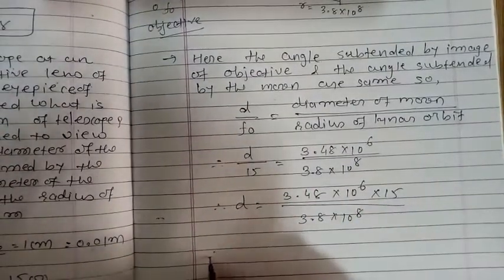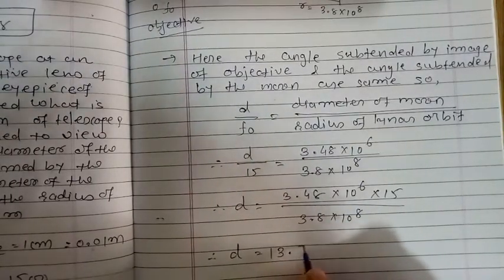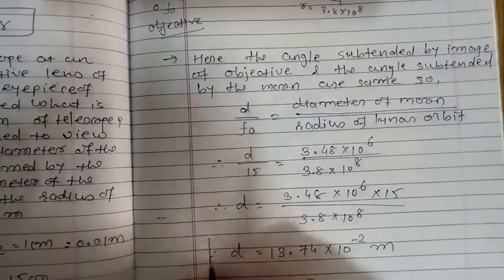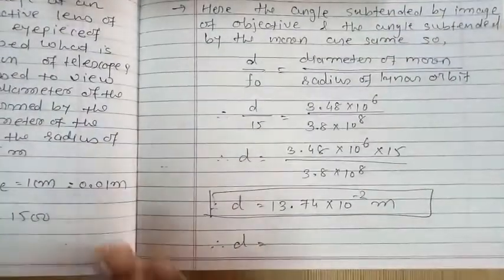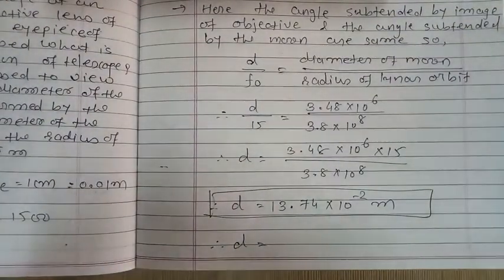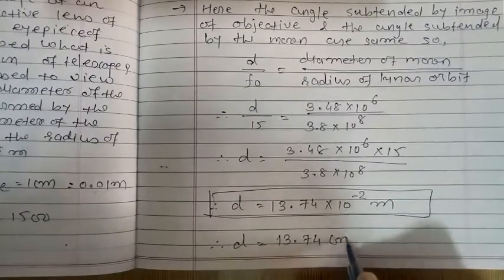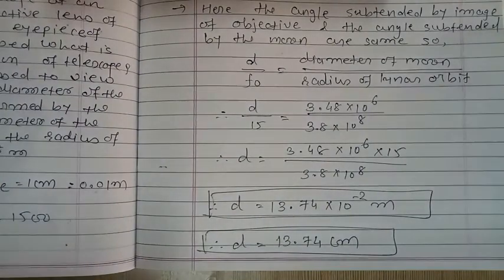So we get d equal to 13.74 into 10 raised to minus 2 meter, and since 1 meter is 100 centimeter, d is 13.74 centimeter. Okay, thank you.